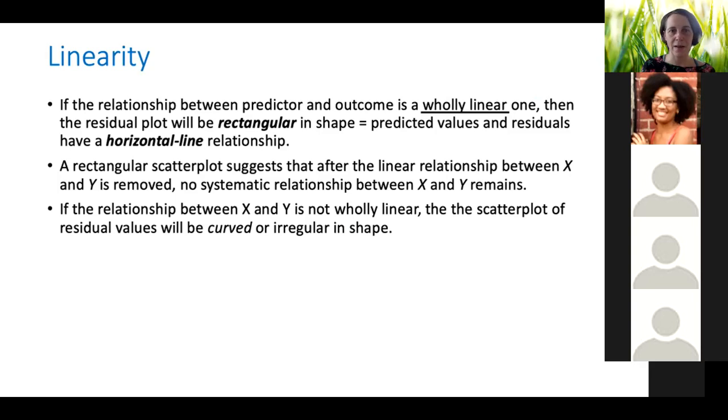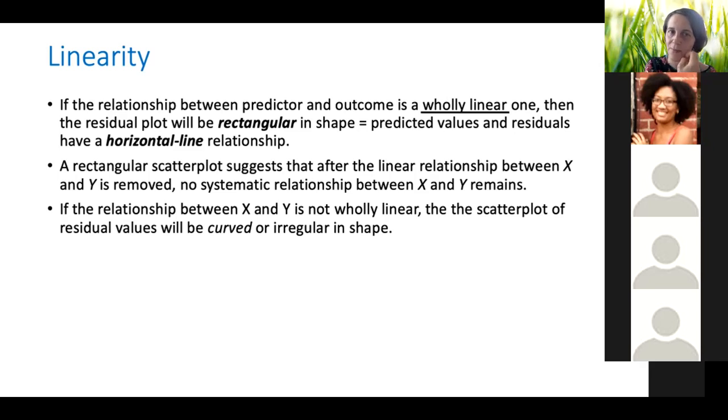Then the residual plot will be rectangular in shape. That means that the predicted values and the residuals have a horizontal line relationship. The residuals fluctuate around the same mean, which is 0, around the 0 line, and they have the same spread. That is what creates this rectangular envelope.